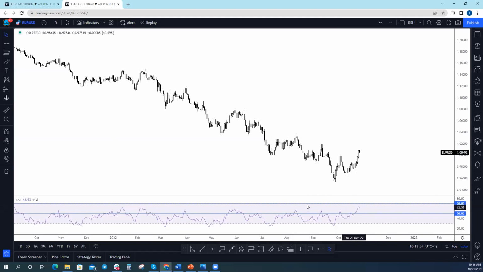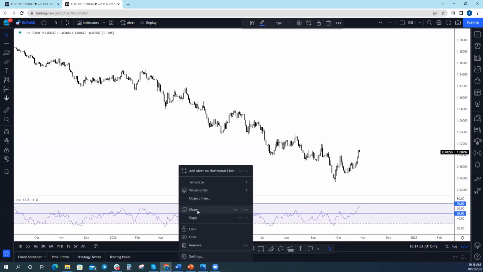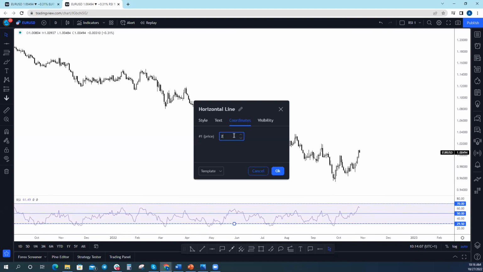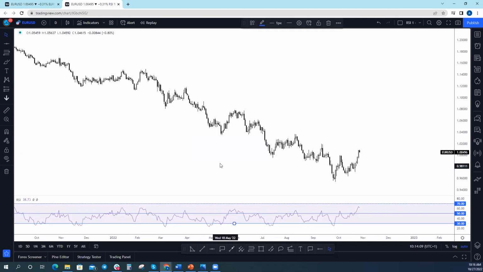Now, a falling centerline crossover. Let me just try and find one here. So we have one here, a falling centerline crossover in the direction of the oversold level. Let me just mark that up, 30. All right, so we have a 50 centerline cross, a falling centerline crossover, if you will.